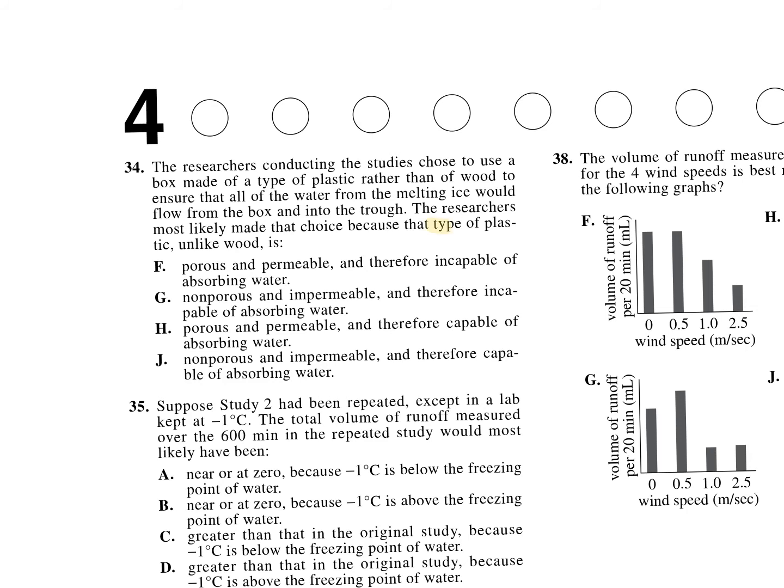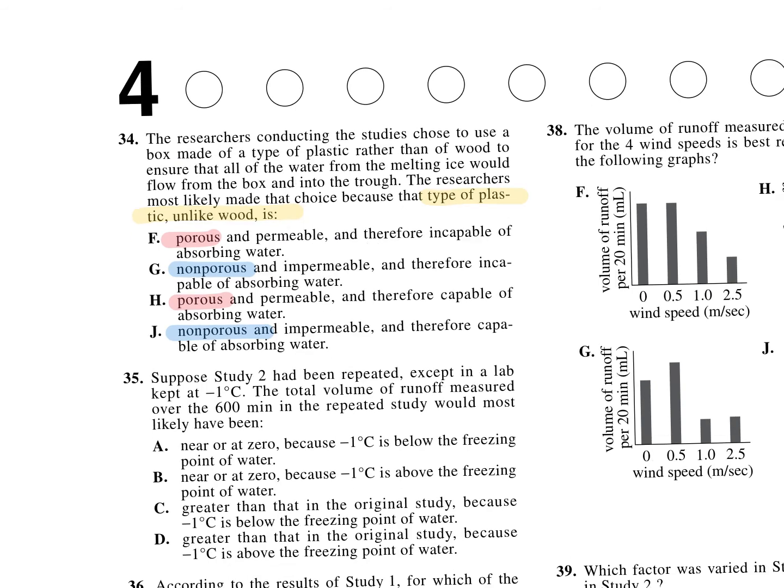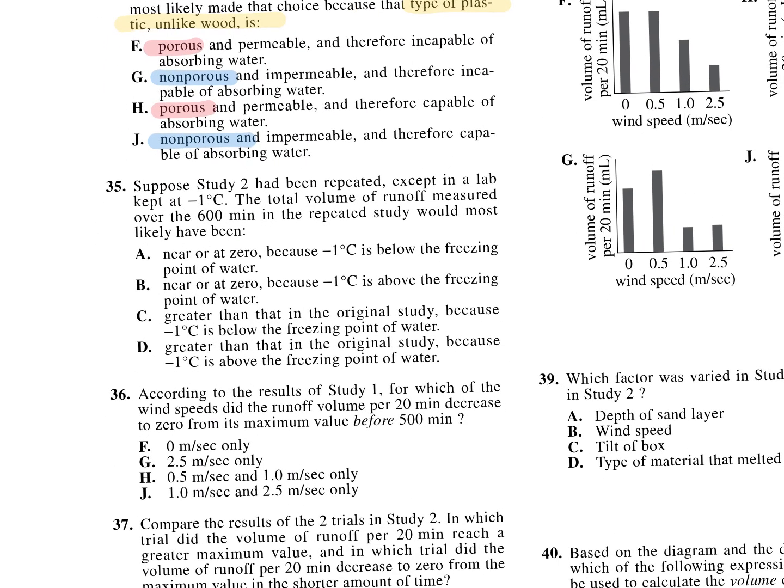Here, type of plastic, unlike wood. Again, you have some 50-50s. Porous. Does it say non-porous? Non-porous. A 50-50 again. Get it down. 35.